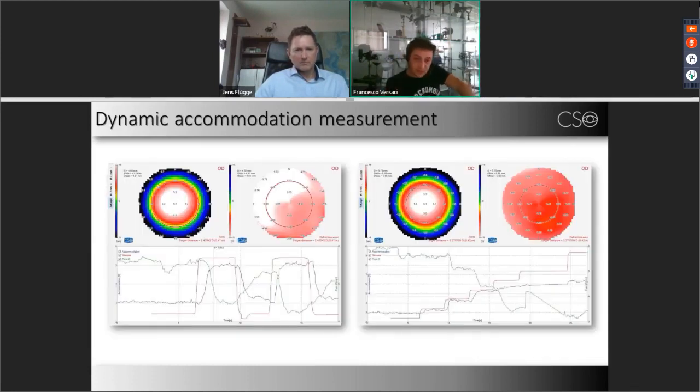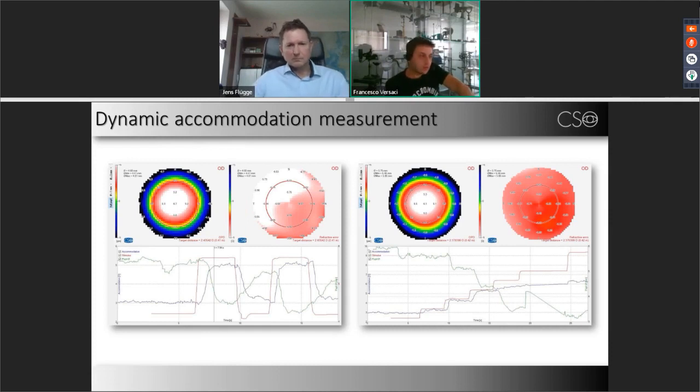As a reflex of this, this is one of the nice features that we are offering in our device. We also have the chance to measure the accommodation of the patient by means of two exams.